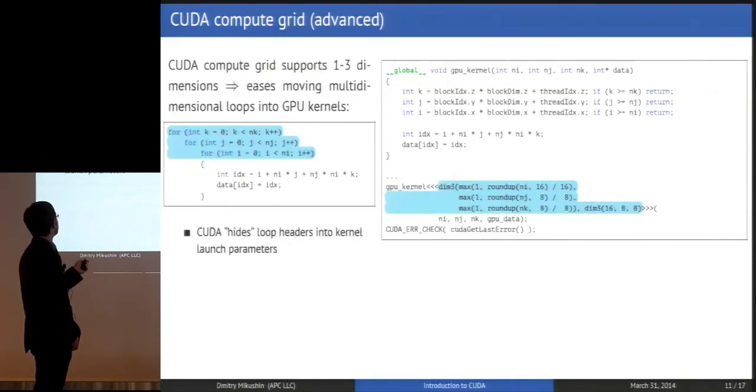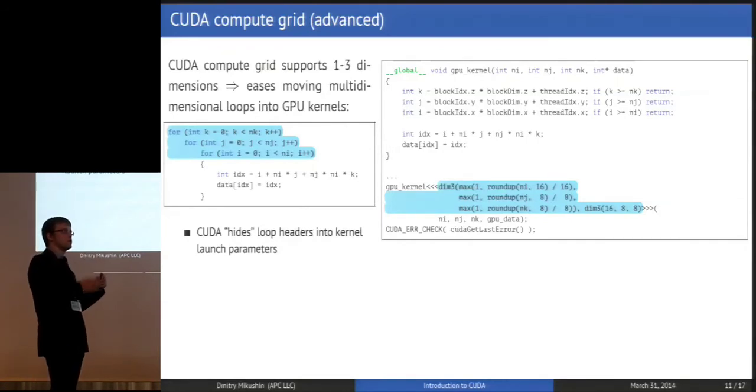You see here the headers of the loop. In the case of the GPU, we have the kernel with the same body, data[idx] as here, but no more loop headers, because loop headers are gone. They are inside the CUDA runtime.